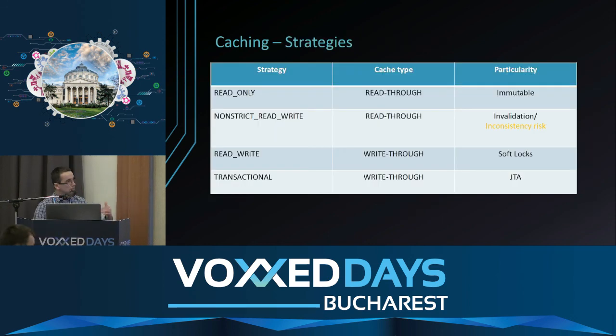And the second level cache offers multiple levels or modes or strategies. Some of them are consistent, like for example read-write or transactional. Transactional is using JTA, so it has some impact on performance, but read-write is a very good default if you want to use it, because it uses a soft locking mechanism, which doesn't incur the penalties of JTA, but still provides consistency.